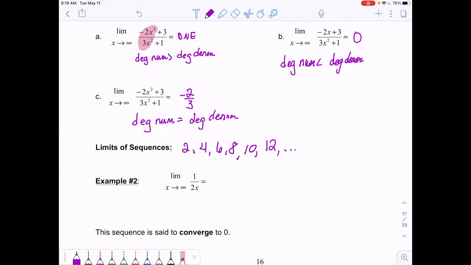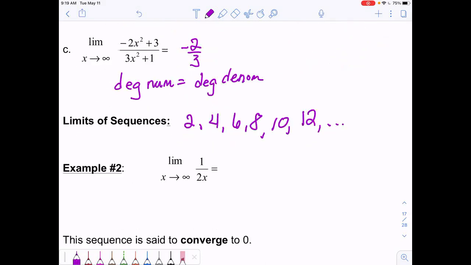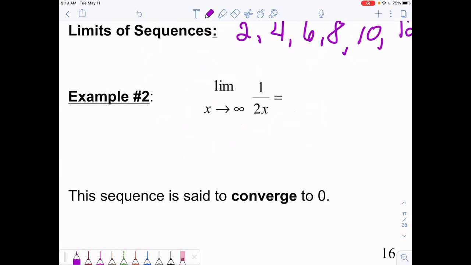So we're going to see if we can look at the limit and decide, does the sequence have a limit as x approaches infinity? Our function or our sequence as x approaches infinity is 1/2x. Now you'll be asked to evaluate the limit of the sequence in 2 different ways. You'll be asked first to find a few of the terms in the sequence.